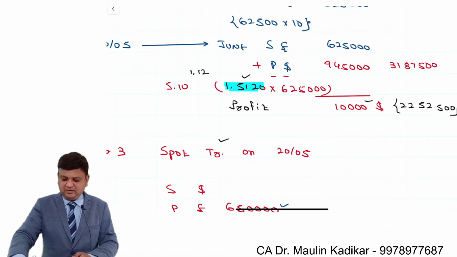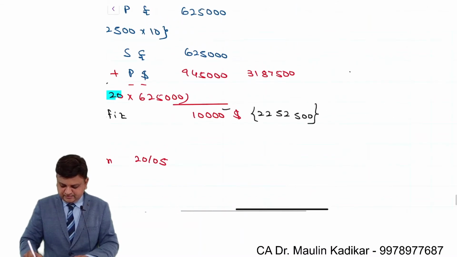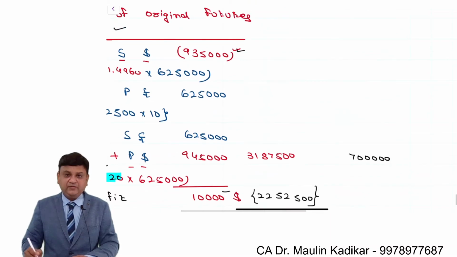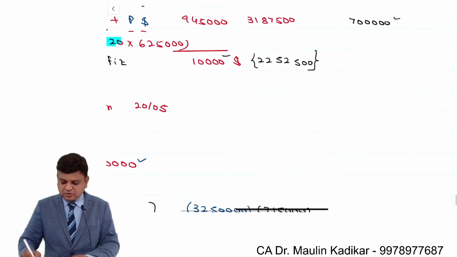I am just taking a very near figure. So 1.12 into 6,25,000. So that comes to 7 lakhs. You have to pay 935. Yes. You will receive 7 lakhs. Yes. So it is 2,35,000.